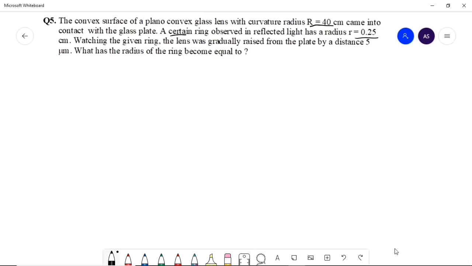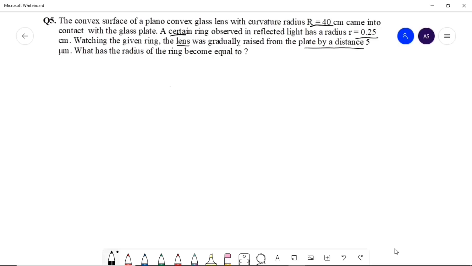Now you gradually raise the lens from the plate by 5 micrometer. What is the radius?